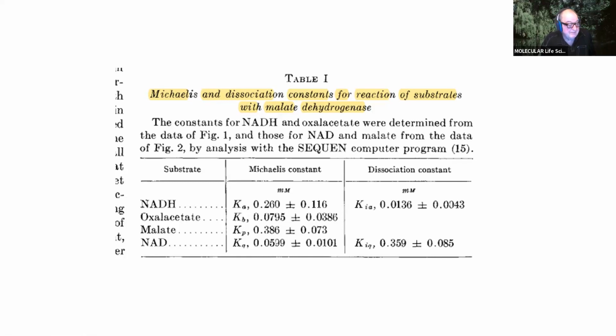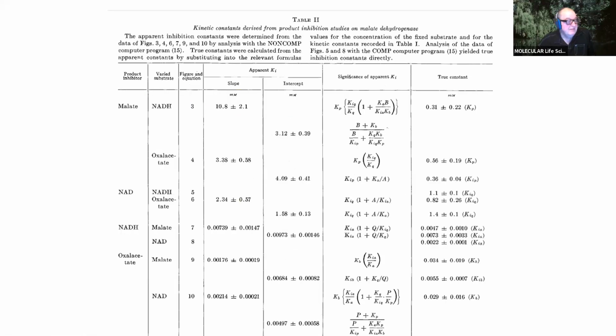And then they get all their kinetic constants. They do the product inhibition studies. And I'm skipping over a lot of the graphs because they all look like the ones we've seen in Figs 1 and 2. But they do this global fitting and get all their slopes and intercepts.